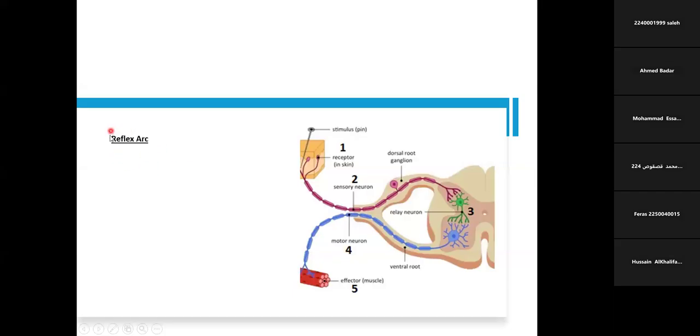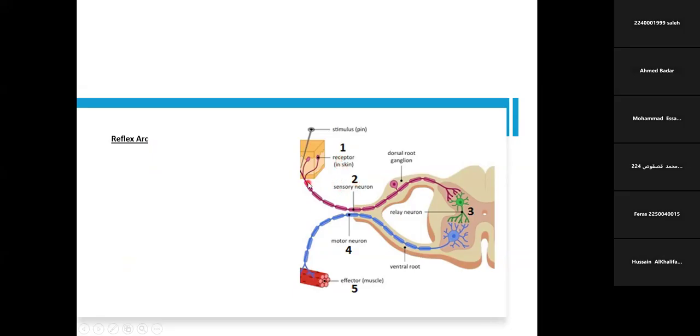Now, what is a reflex arc? Arc means course. So what is a reflex arc? See my hands, and then I will give you the description over here. This is 1, 2, 3, 4, 5. Stimulus received by the receptor. This is number one. So the first thing in the reflex arc is the receptor.